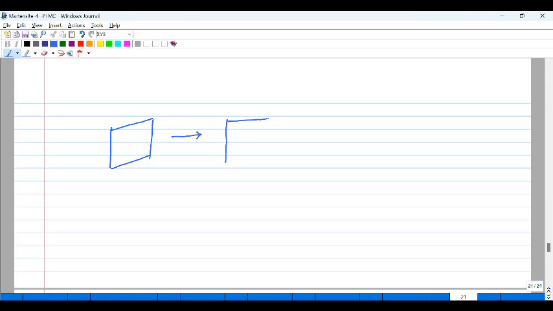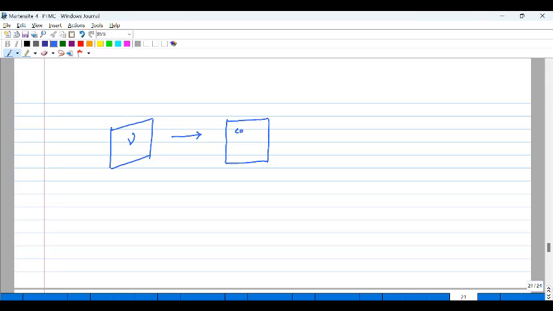We have seen that it is primarily a shear, although a small amount of dilatation is also involved, but it is primarily shear. So the shape change would be something like this.